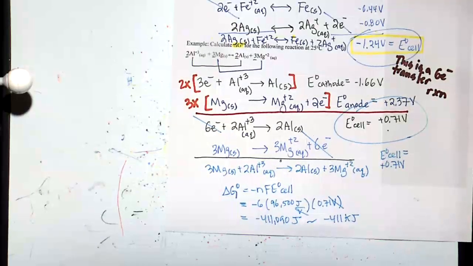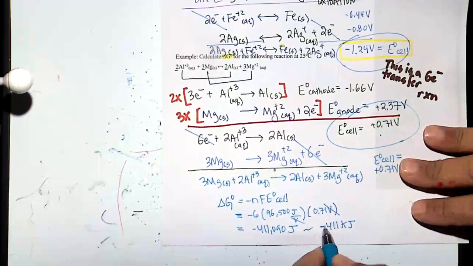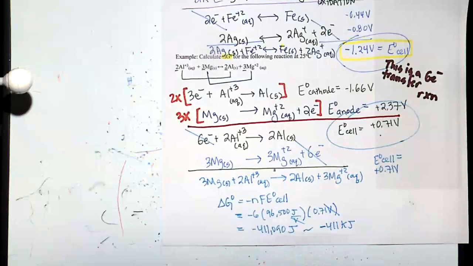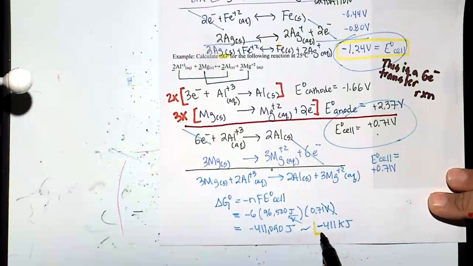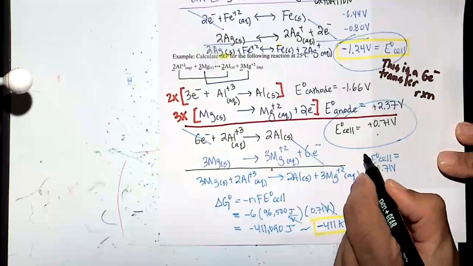Here's one point I want to tell you guys. You see the minus 411 kilojoules? The minus sign tells us this is an exergonic reaction, and an exergonic reaction liberates free energy. This is energy that has the capacity to do work. So the delta G is negative, which favors the products.